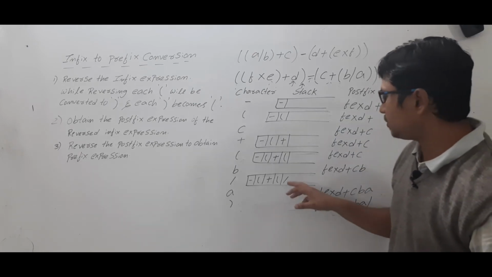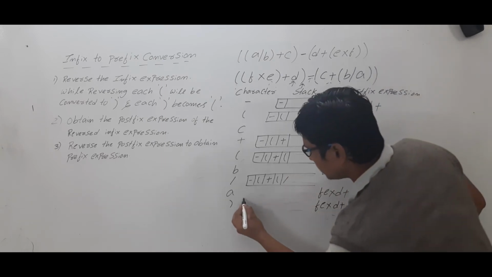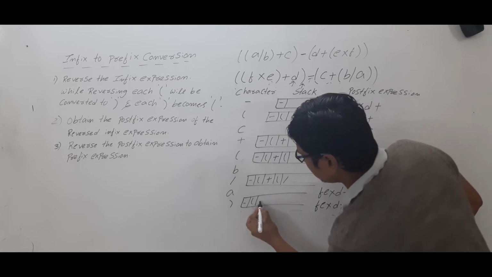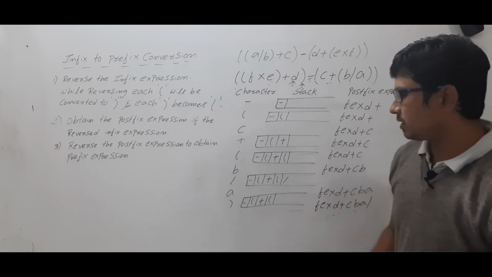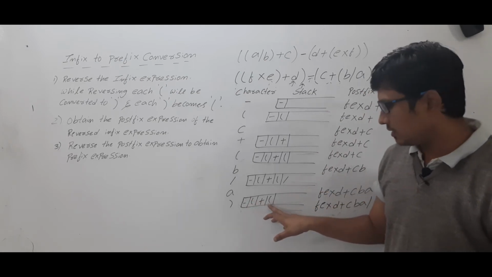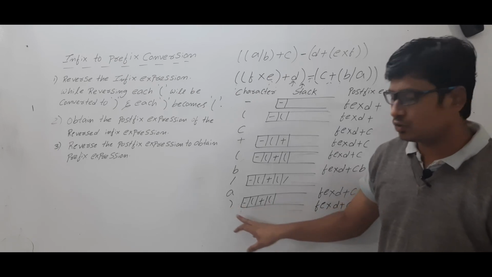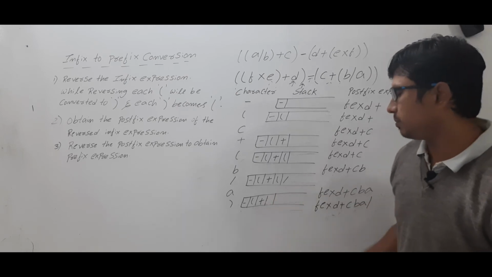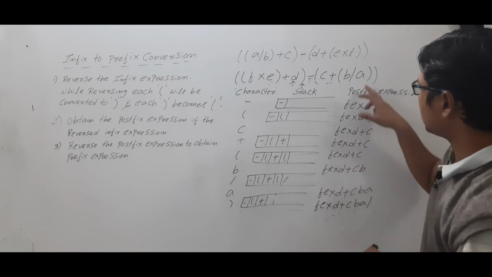Okay, are you able to understand? Let me write here so that it will be useful for those who are noting down. Now I have popped the division operator. Now look at the top of the stack. The top of the stack is an open parenthesis and whatever you are scanning is a closed parenthesis. Then you can neglect or pop this open parenthesis. Okay, so done up to this closed parenthesis.